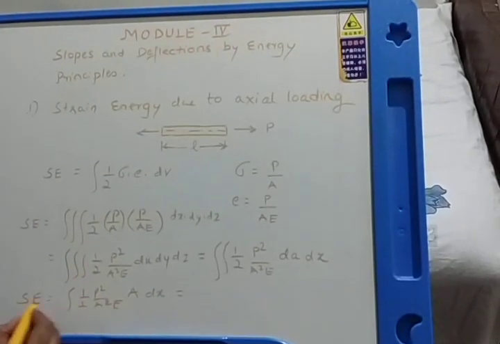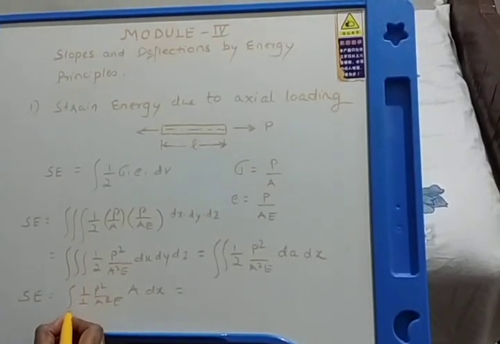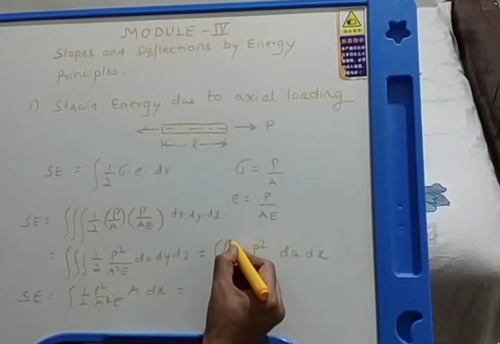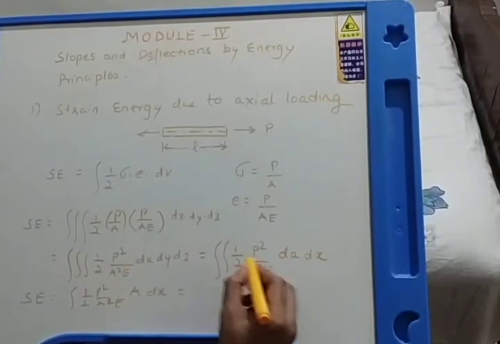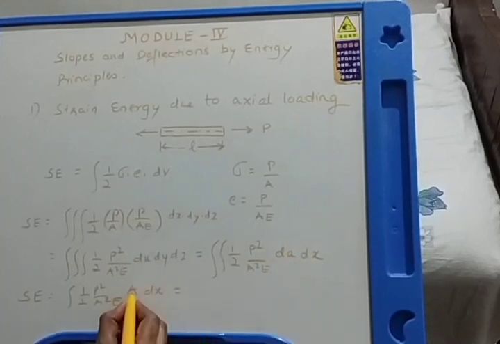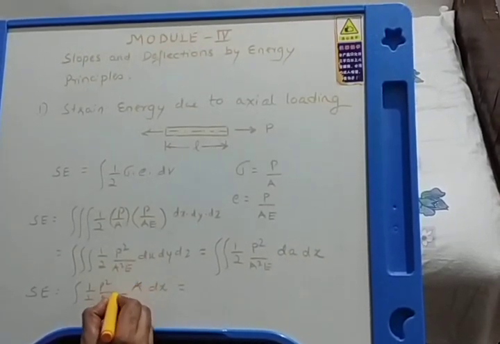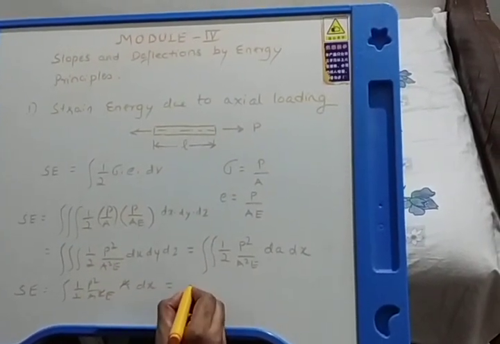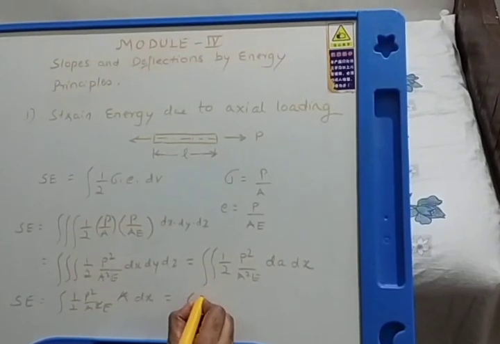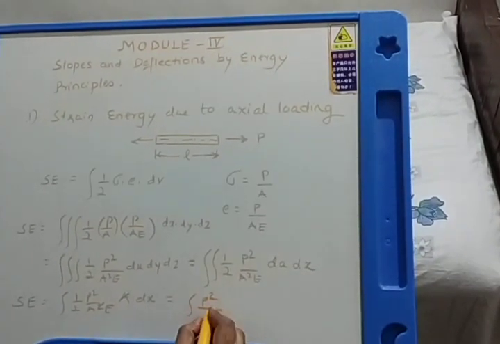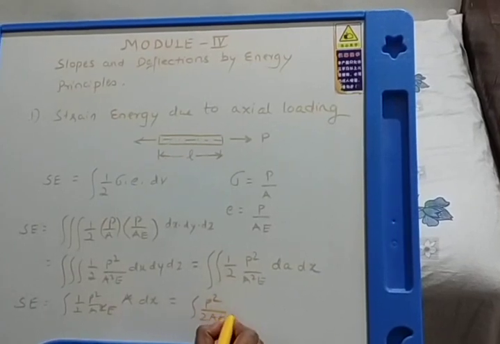Finally we have come to a stage where we have a single integration, because double integration is gone, because this integration dA is a, that's what I have substituted here. So one a is getting cancelled here, so we will be left with integration p square upon 2ae dx.